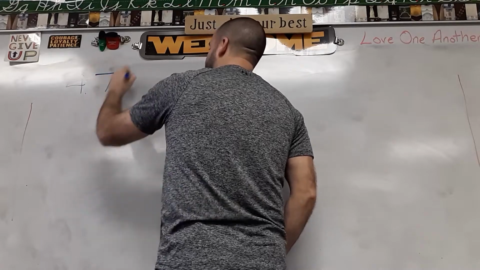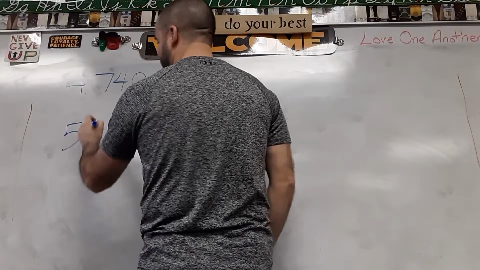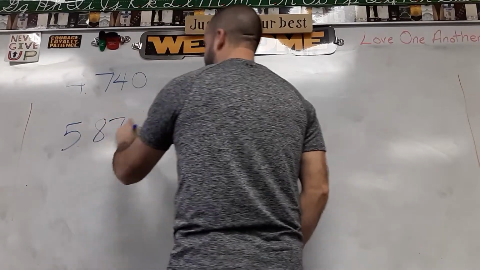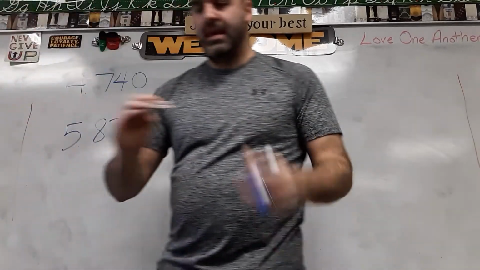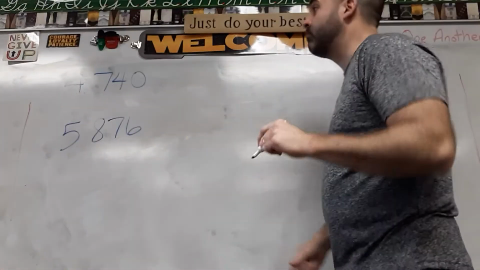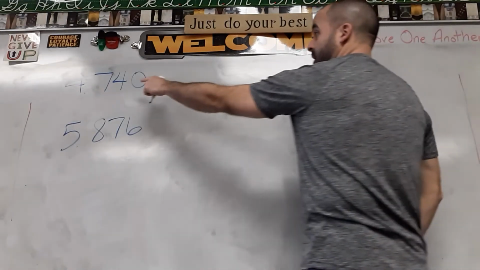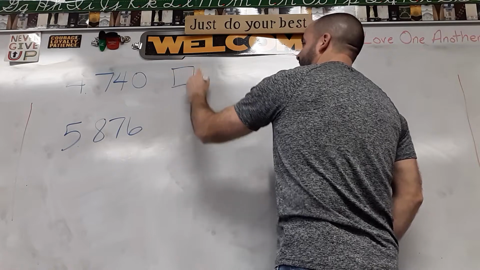we're doing 740. I'm going to do 2 at a time. 5, we have 876. All right, so number 4, 740. Teresa, what'd you come up with? Okay, so 7 boxes. Now don't forget, when we make 7, we're going to make 5 in a group.